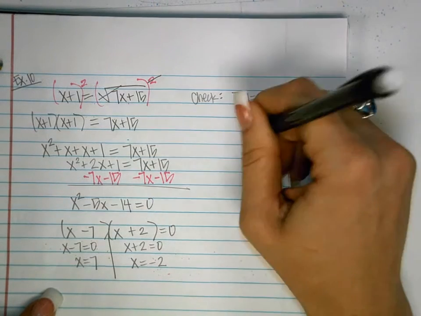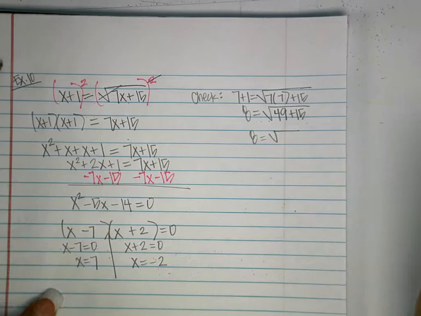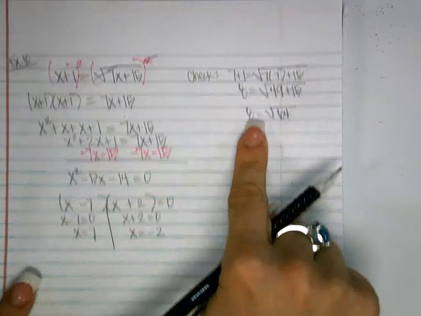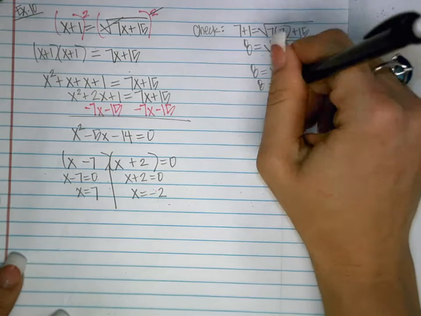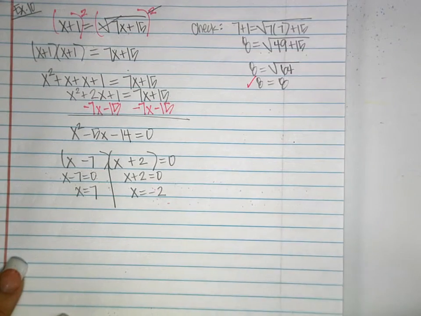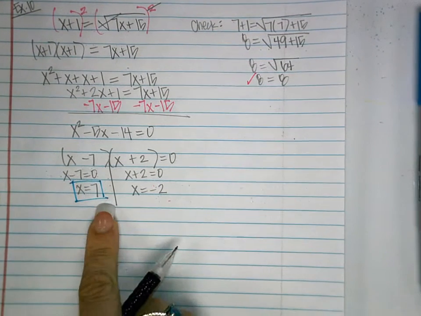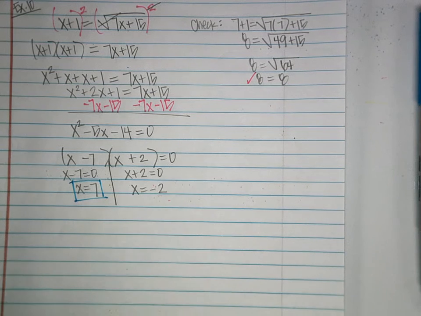What is 49 plus 15? 64. Is 8 equal to the square root of 64? Does 8 equal 8? Yes, that one works. So I know that this is one of the answers. Now, just because one works does not mean that the other one will not. Sometimes you can get 2 answers, so you have to check the other one.